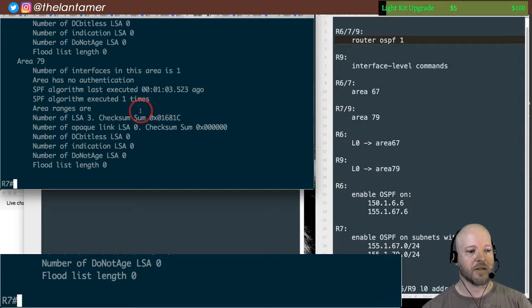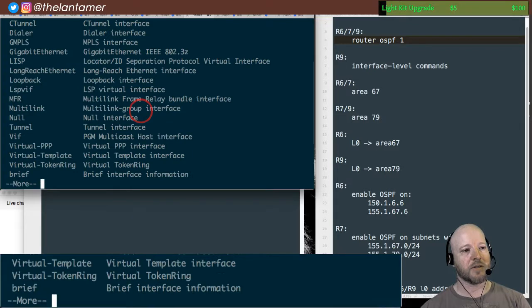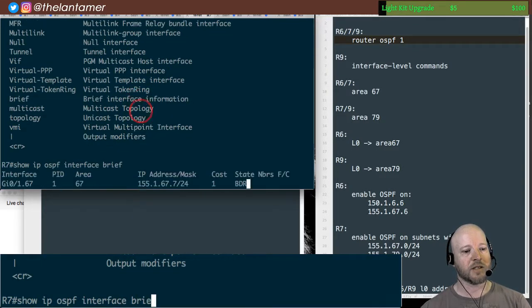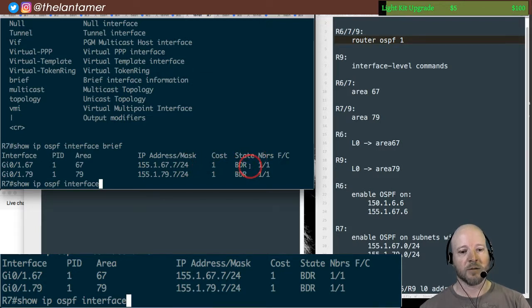Show IP OSPF interface. And we can do a specific interface, right? We can do brief. That's interesting. I don't think I've used that. Maybe I have, but not in a while. So the brief shows us the interface number, process ID, area number, the IP address and mask, the cost, and the state. Backup designated router. Now, would it show me that on a broadcast network or broadcast interface?